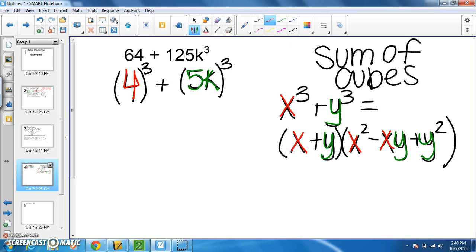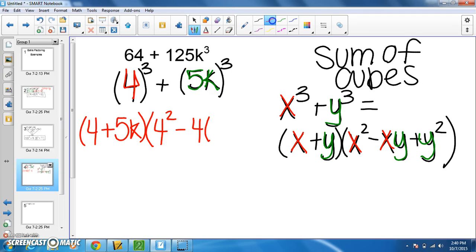So we're going to start off with 4 plus 5k times 4 squared minus 4 times 5k plus 5k squared. We can do just a little bit of simplifying here.